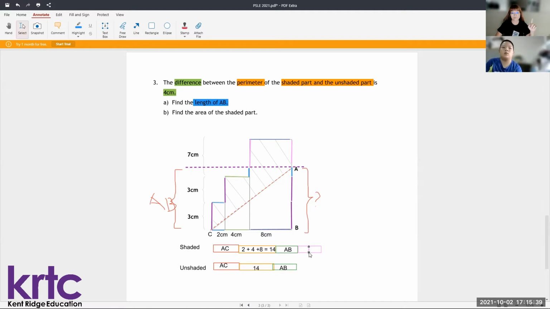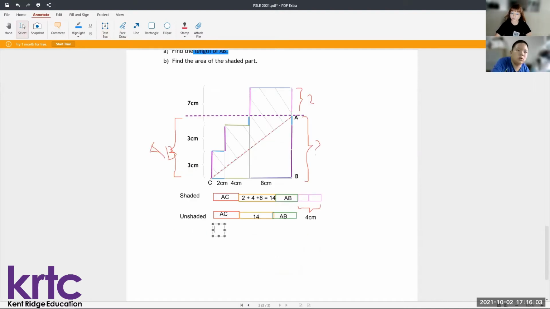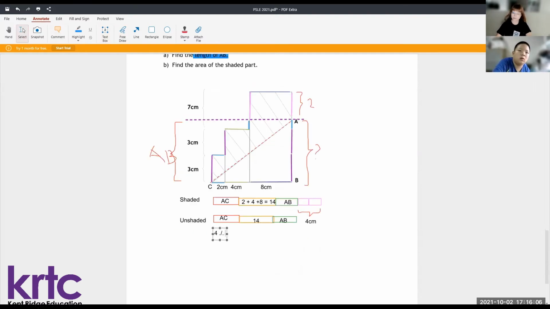So this one eventually will be 4 cm, so each side will be 2 cm, as in 4 divided by 2 equals 2.